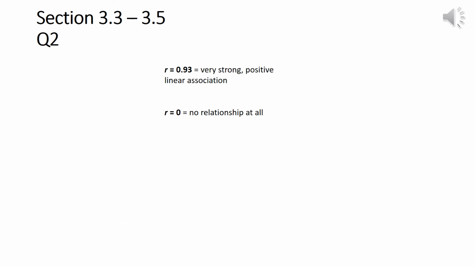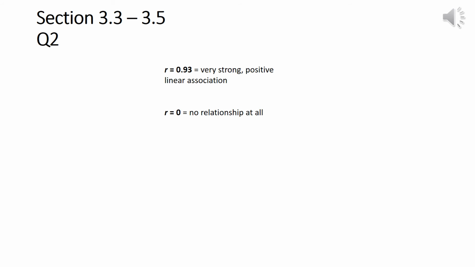In question 2, you were first given a couple of R values and asked to interpret them. The first one, 0.93, is obviously getting really close to +1, which is the maximum value you can have for a correlation coefficient.